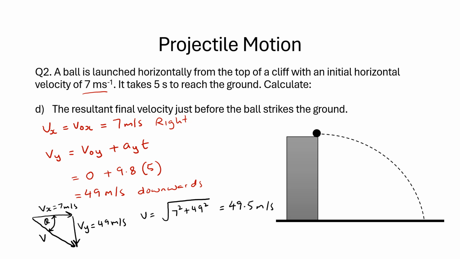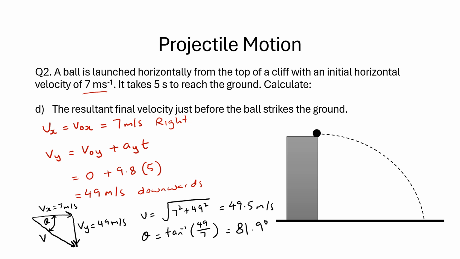And theta equals, so we know tan theta equals opposite over adjacent. So theta equals tan inverse of opposite over adjacent. Opposite of theta is 49, adjacent is 7. Using the calculator, we get 81.86989. I will round it to one decimal place, and the final answer would be 81.9 degrees.